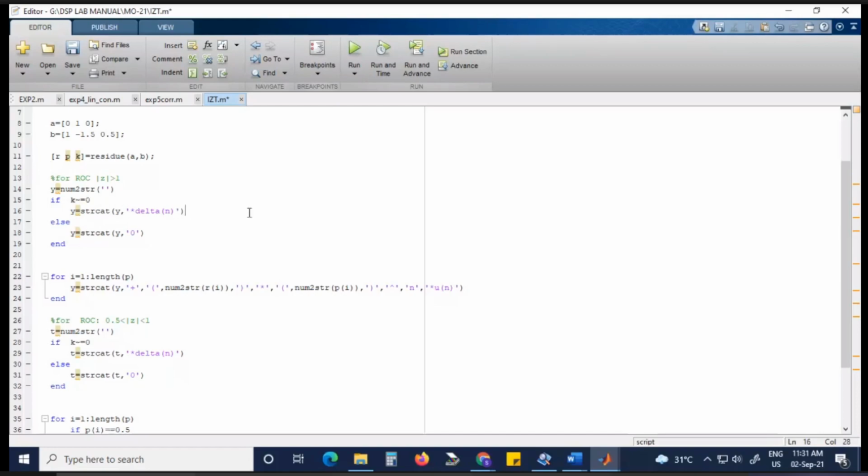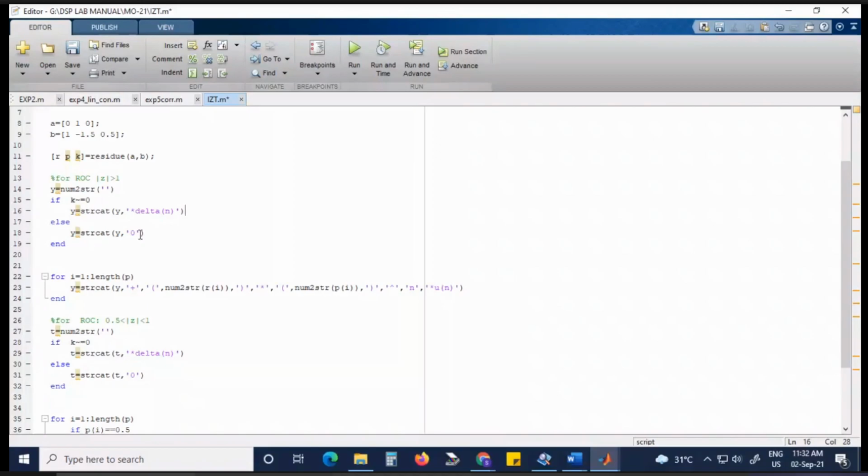This comes if the order of the numerator is greater than the denominator, so some value will come. Or if it is the same, say z cube by z cube kind of thing, then some value will come. Normally, since the numerator order remains lower than the denominator, 0 would be there.